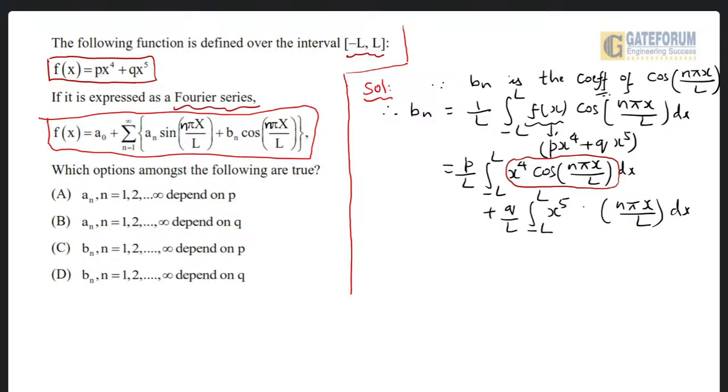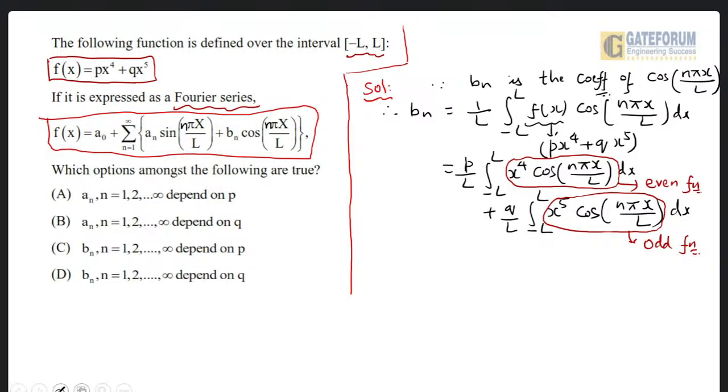So now this is an even function. So this function has no change when x is replaced by minus x. Whereas x power 5 is an odd function, cos is an even function, odd into even is an odd function. So this function has a change of sign when x is replaced by minus x. That means you will be getting f of minus x equal to minus f of x like that.